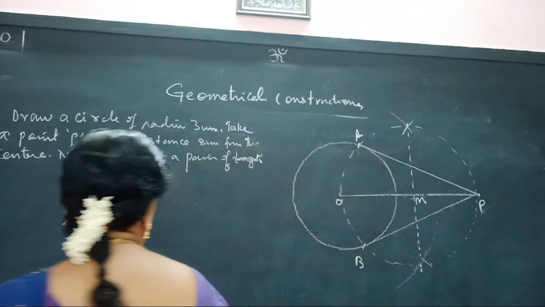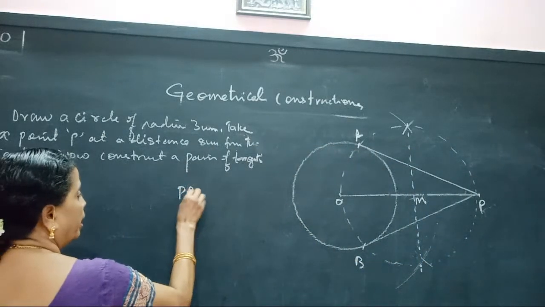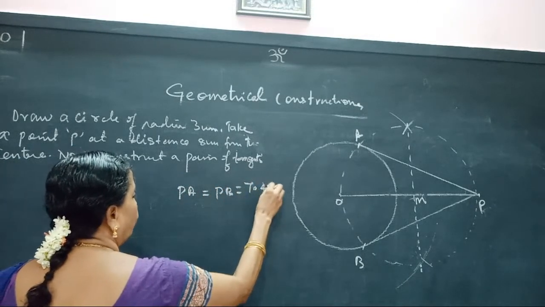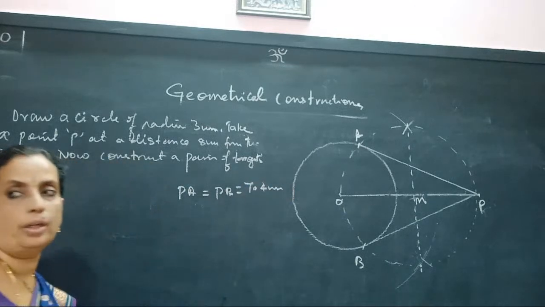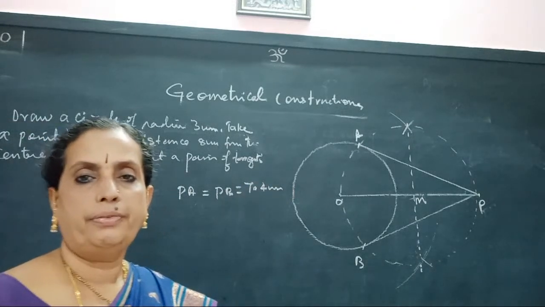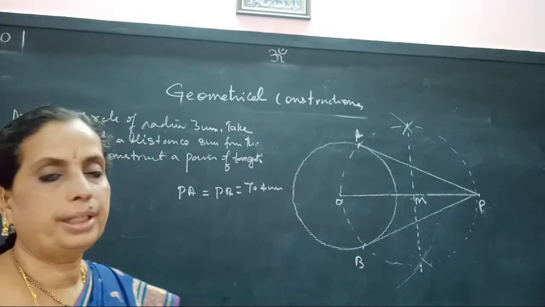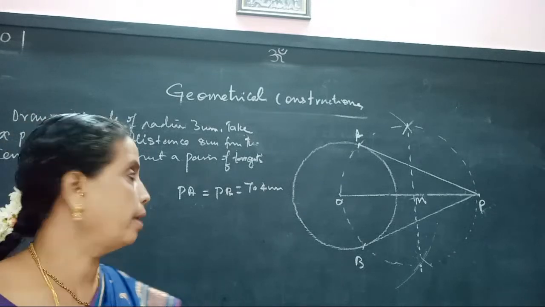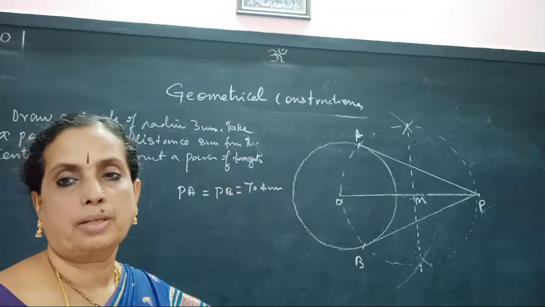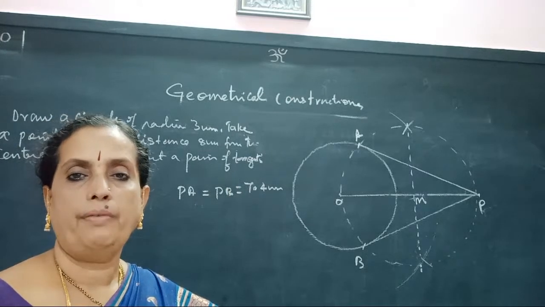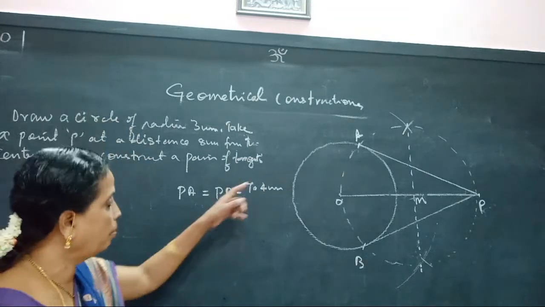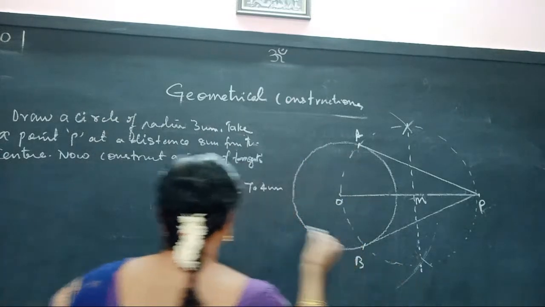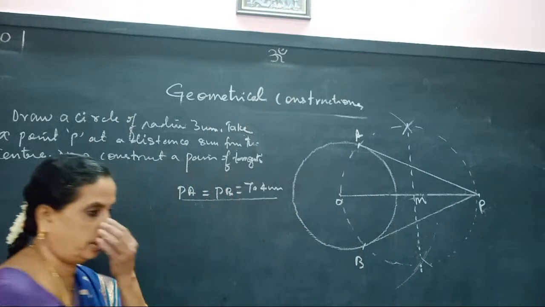You have to get in and around PA equals PB equals 7.4 centimeter. 0.1 or 0.2 difference is okay. If you get 7.3, 7.5 is okay, but not less than, not more than 7.5 or 7.3. Have you all got the measurement? And both the measurements should be equal. Write the measurement below the construction or side of the construction like this.